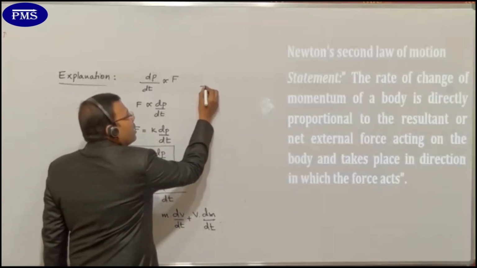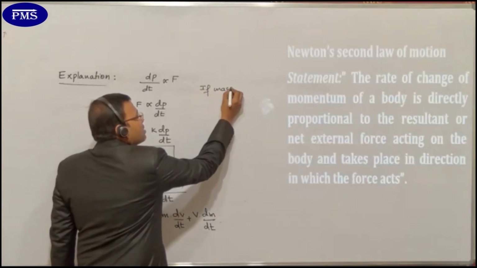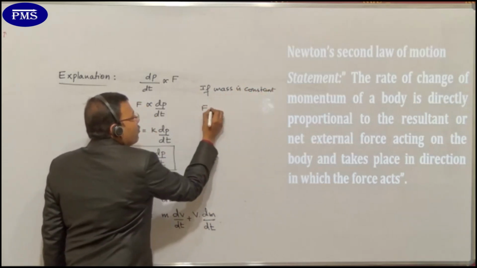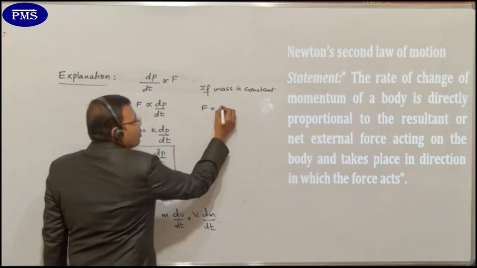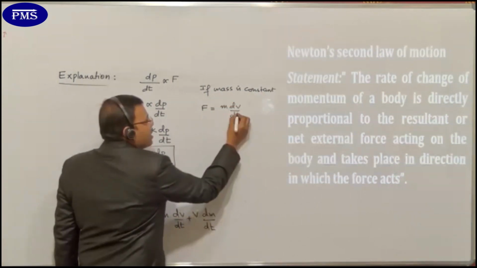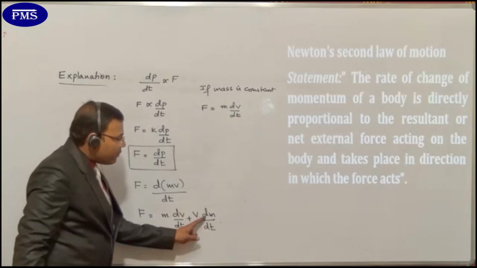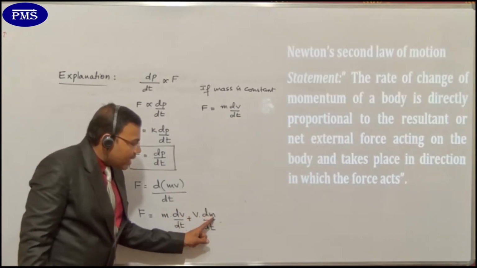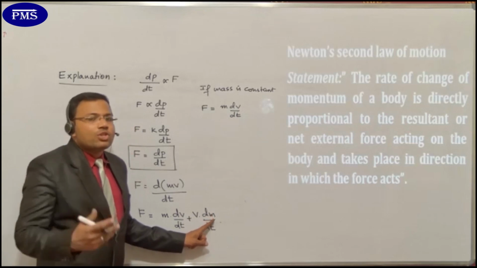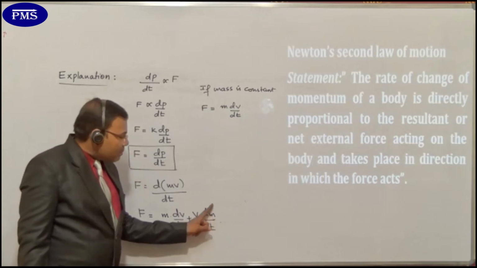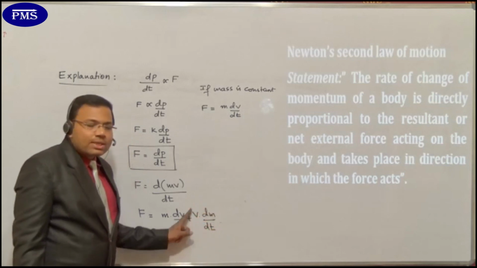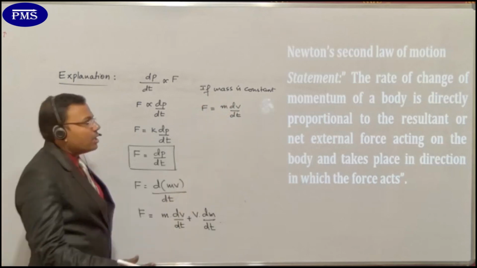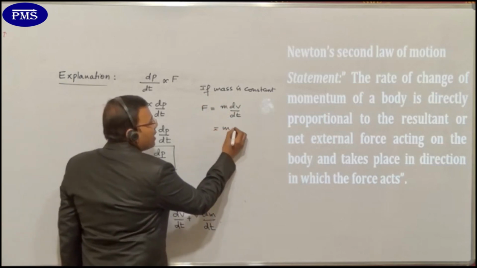So if mass is constant, then the force becomes F = m dv/dt, and this term will become 0, because differentiation of any constant is 0. So if mass is constant, we can write m dv/dt, and you know dv/dt is acceleration.